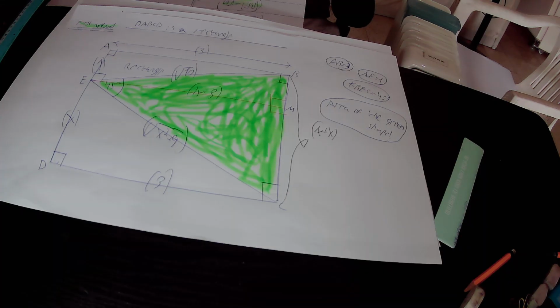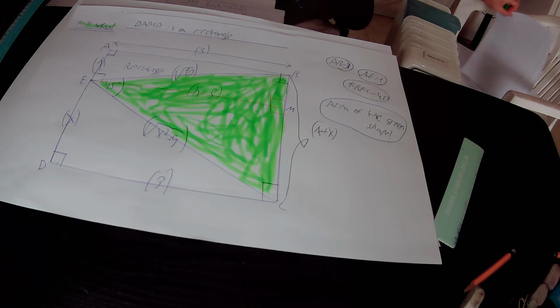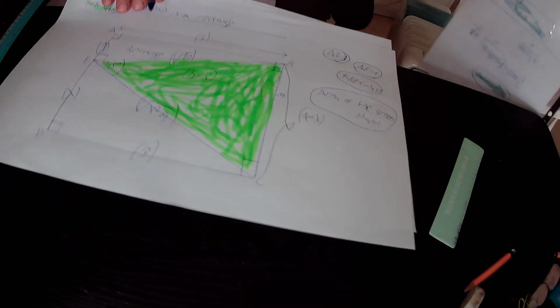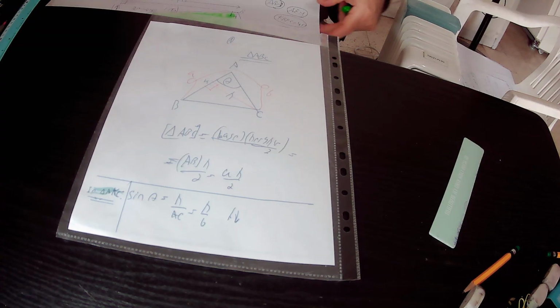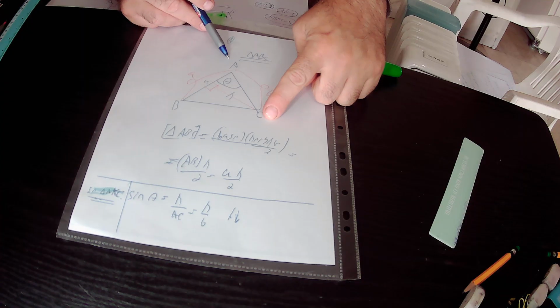The next step, we calculate the area of this green triangle EBC in a different way. This is triangle ABC that could be any triangle. In this triangle ABC, side AC equals B units in its length.